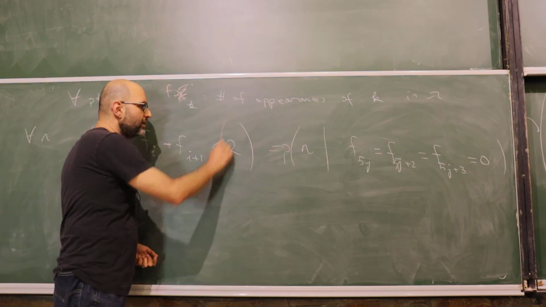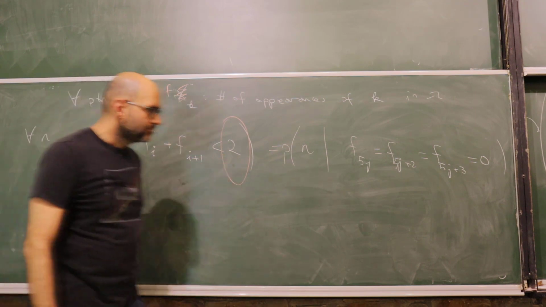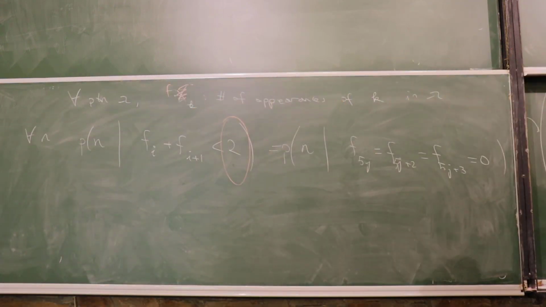What Gordon did is to let this number be bigger. So the combined frequencies of consecutive parts can be as large as you want up to a certain point.